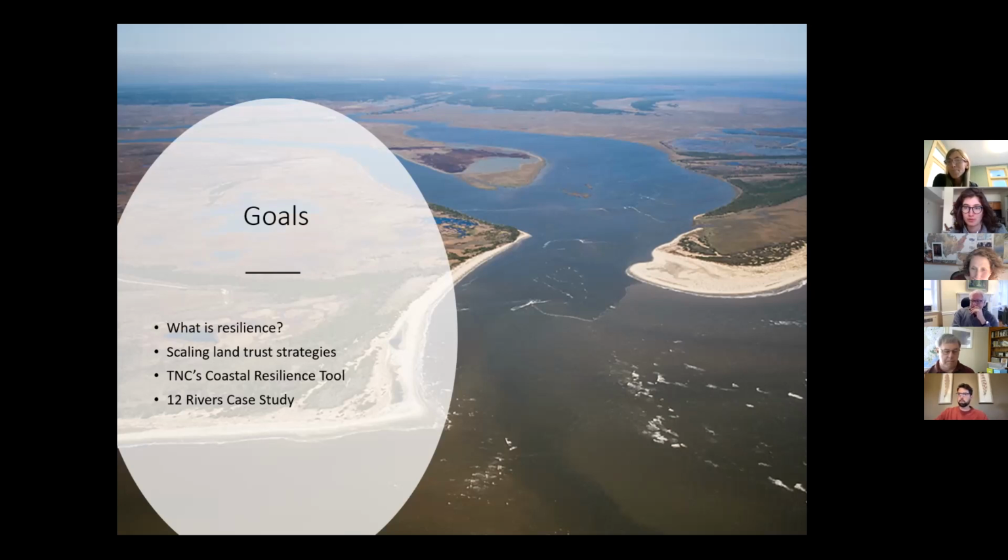But we'll go a little bit deeper into TNC's tool, and I've got a case study that I had the opportunity to work on with some folks up in Maine to show you guys how they chose to incorporate TNC's coastal resilience data into many other data sets that were more localized, but that they had access to.